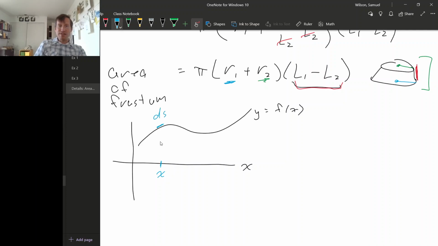And the length of that is ds. And when this is rotated, it sweeps out a frustum. Right, that's the key thing here. It sweeps out a frustum. So there's our frustum. In fact, we can even see the other piece through there. Okay, so all we need to do to find the area of this band is use our area formula for a frustum.